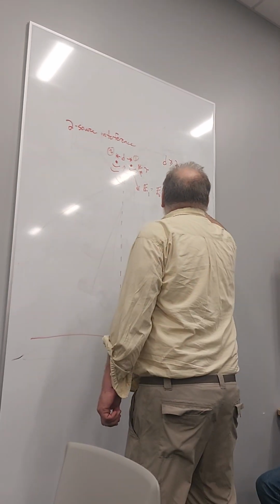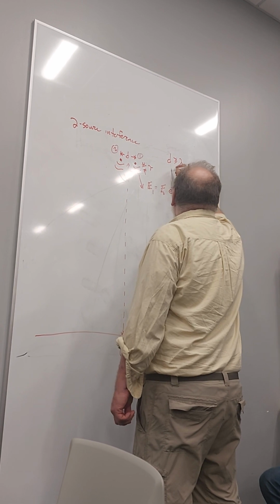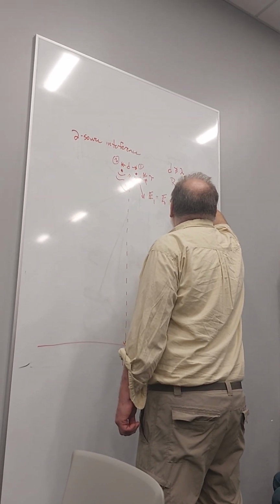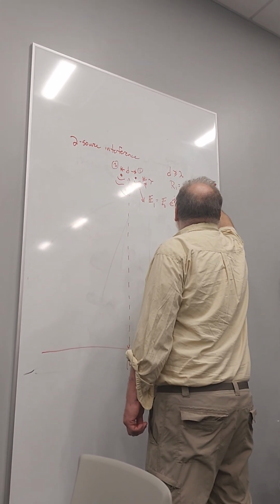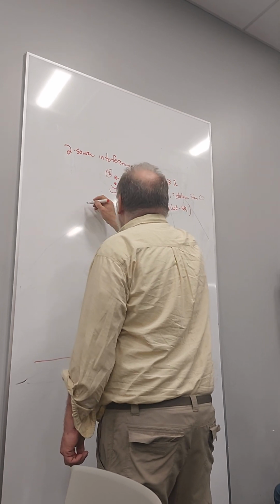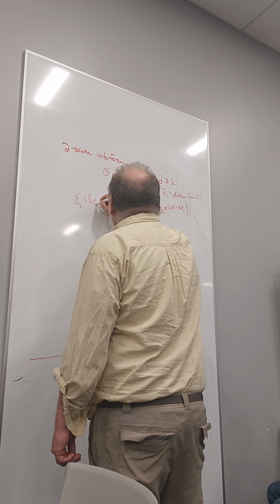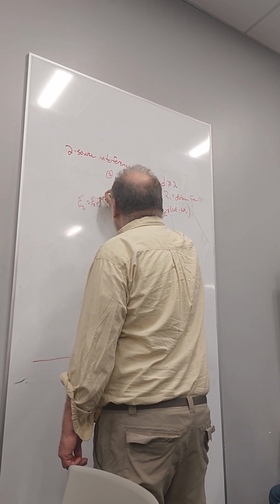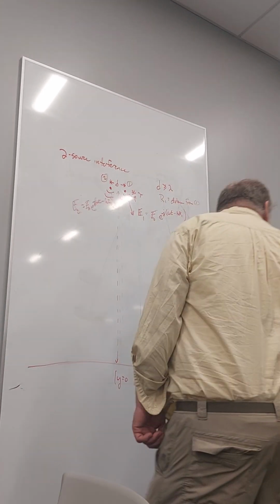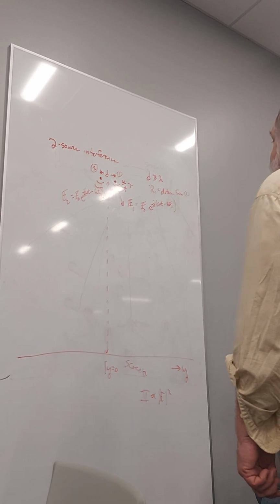I'll call this r1, the distance from slit 1. And over here, we will have the same thing, E2 equals E0 e to the j omega t minus k r2, where r2 is the distance from slit 2.